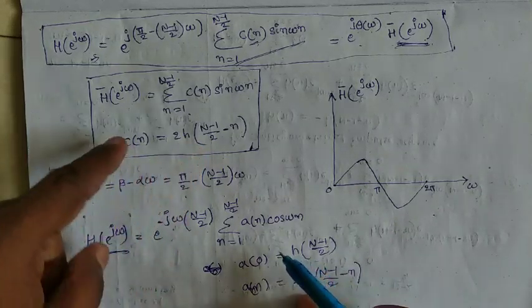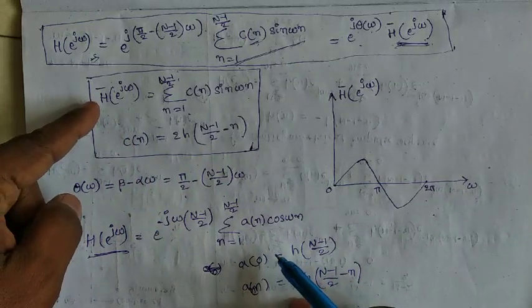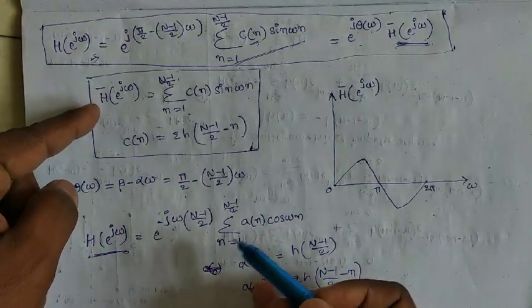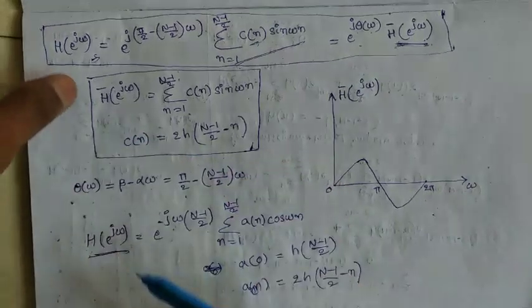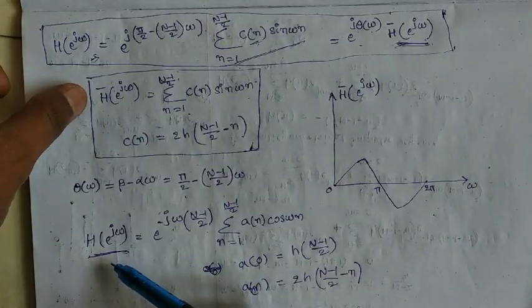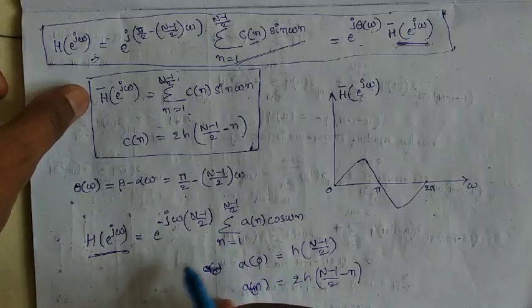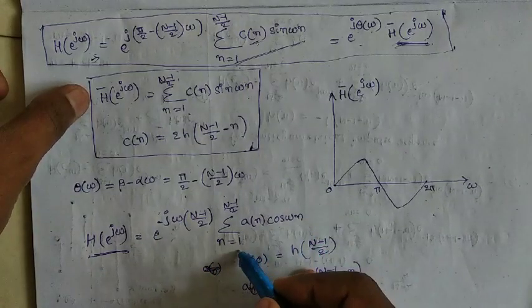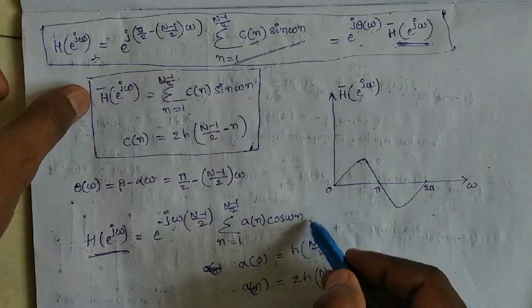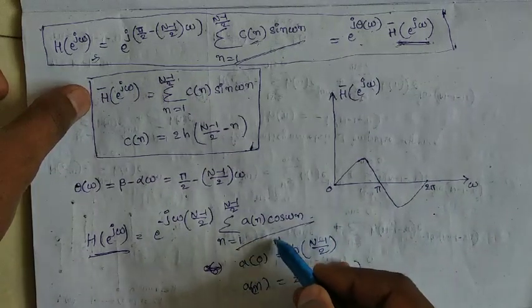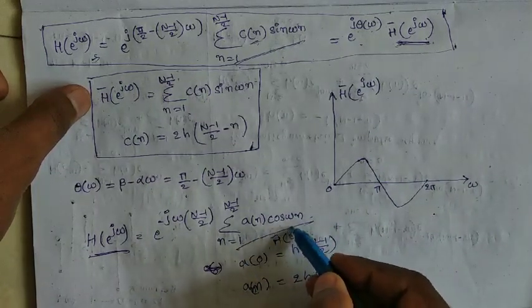Here what is the difference in the equation in terms of frequency response? Here this indicates H bar of e power j omega.